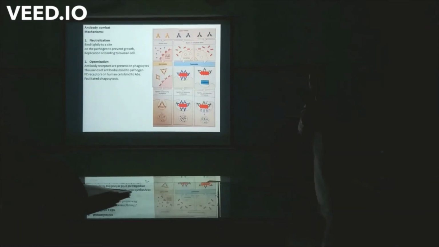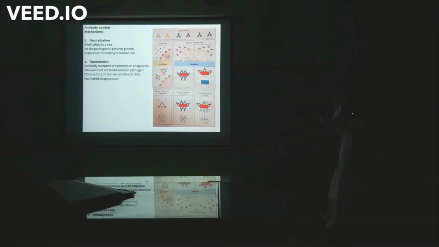Now, how is the antibody going to work? The B cells would make very specific antibodies for neutralizing a particular pathogen. The antibody is going to do this job by two mechanisms. One is neutralization, and the other is opsonization.